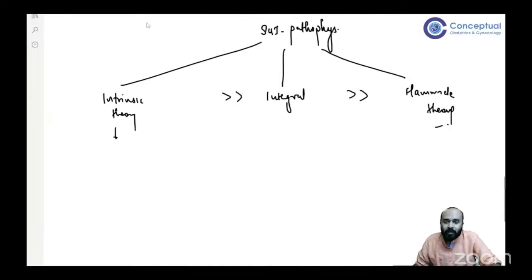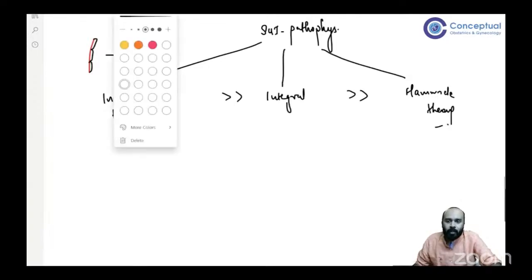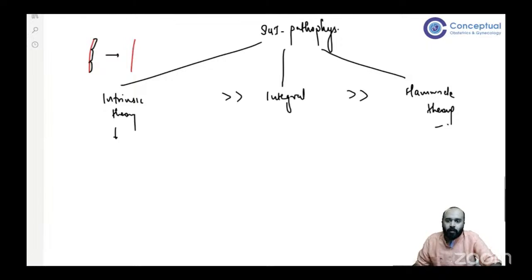I had already mentioned that if this is your basement membrane and this is the continuity of your epithelium, if for some reason it is damaged or deranged, and also if there was some break in this basement membrane, in that scenario the lamina propria is going to be exposed, and not just the lamina propria, it is also going to lead to exposure of the detrusor muscle.